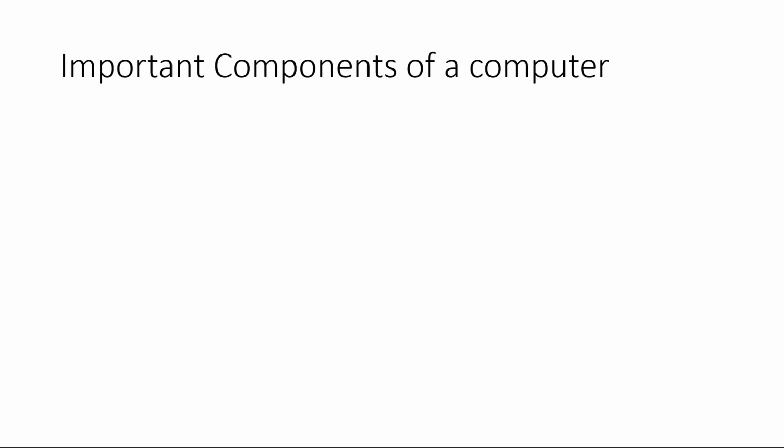So now let's talk about the important components of a computer. First is the CPU. CPU stands for Central Processing Unit. It is the brain of your computer. All the code you write will be executed in this unit, right? Next one is RAM. It's a temporary memory.